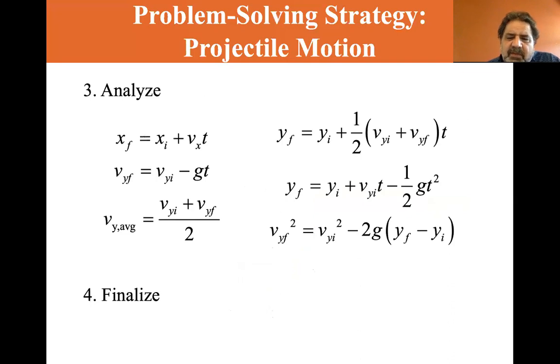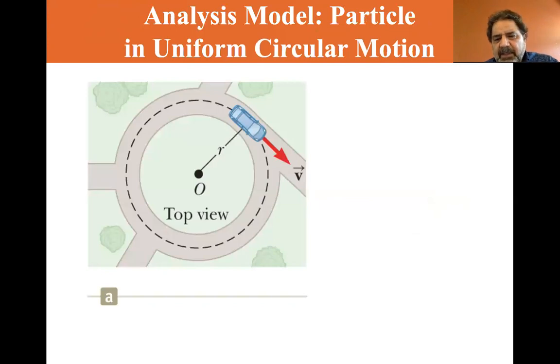If you work these problems often enough, and really understand the physics behind it, they shouldn't be a problem. Okay, that's it for this. We'll go on with particle in uniform circular motion on the next lecture.